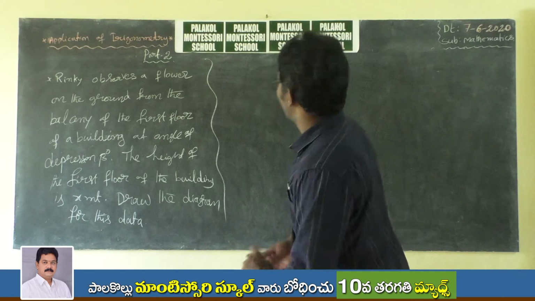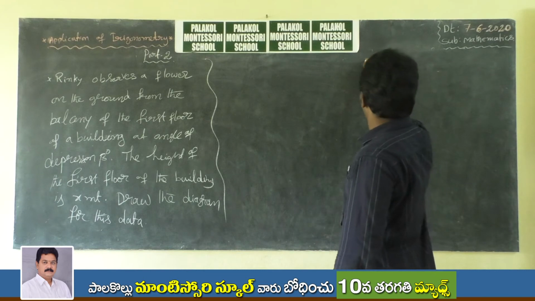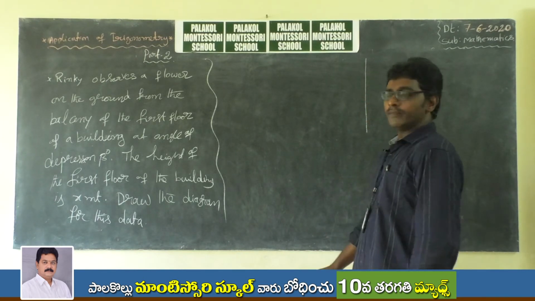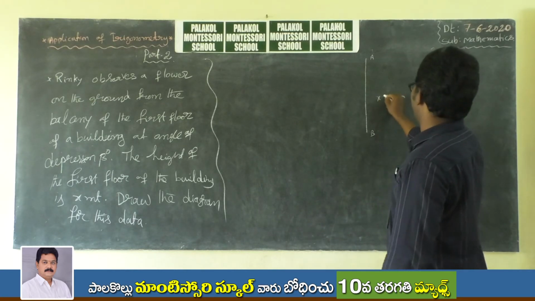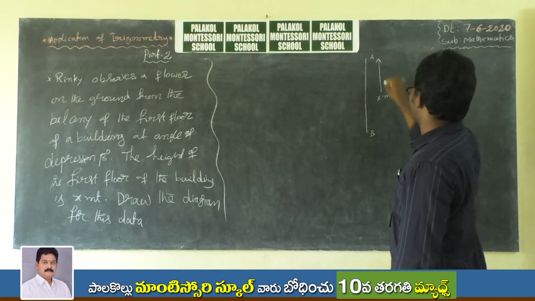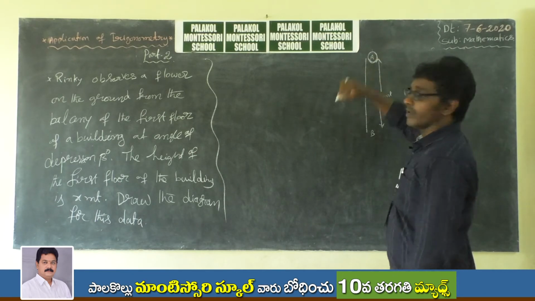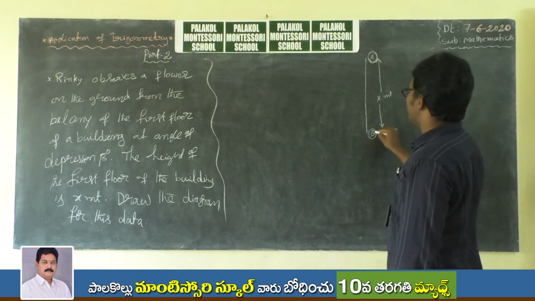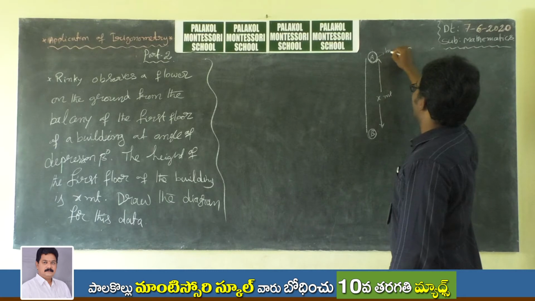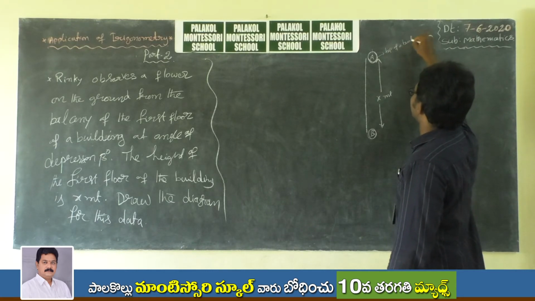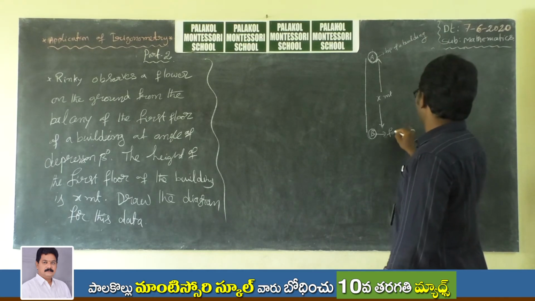Suppose in your notebook, this is a building, AB, and its height is x meters. A is the top of the building and B is the foot of the building.